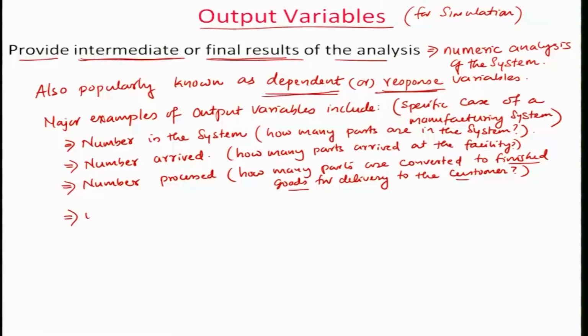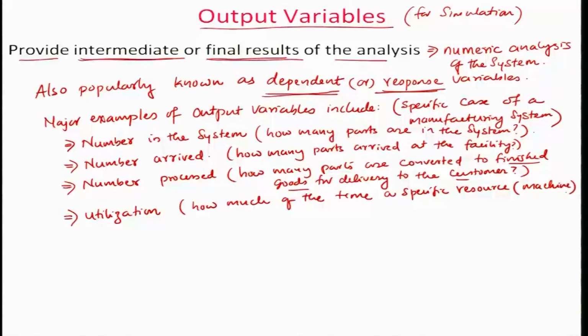Then utilization. Okay, how much of the time a specific resource, let us call it a machine, is doing productive work. That is the utilization aspect of it.